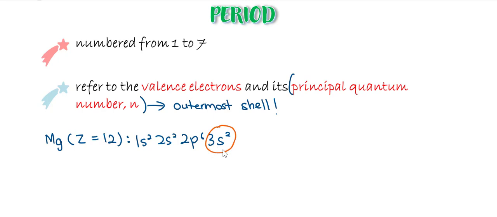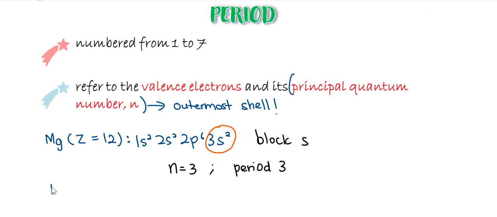Since the outermost shell of magnesium is n equals 3, it is in period 3.